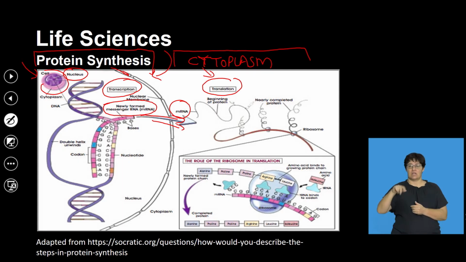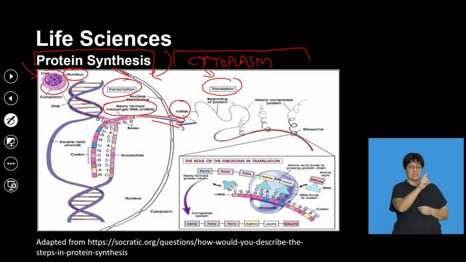It's important that at this point we unpack the process of transcription. The question you need to ask yourself is, how does this happen? This happens in the following way.